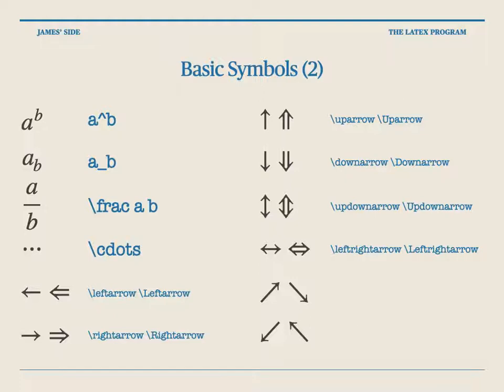And for going down right, it could be searrow for southeast. And also you could capitalize the letter to make it double line, but there's no place to demonstrate it here. And for going left down and left up, it's pointing at southwest and northwest, so we have swarrow and nwarrow.